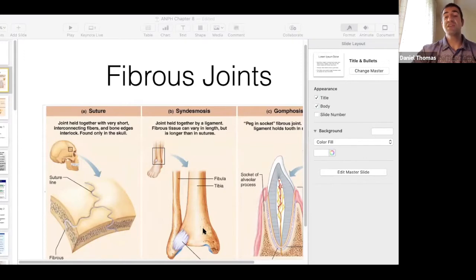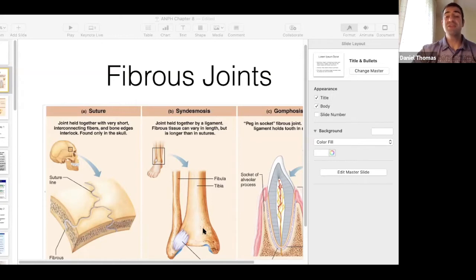One is called synarthroses. These are joints that are not movable, as in there is no give in there whatsoever. These are perfect examples of fibrous joints. There are, of course, some exceptions to that. The next one is called amphiarthrosis, apologies.